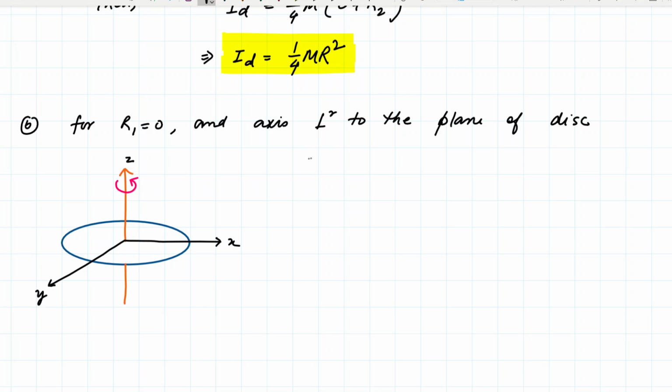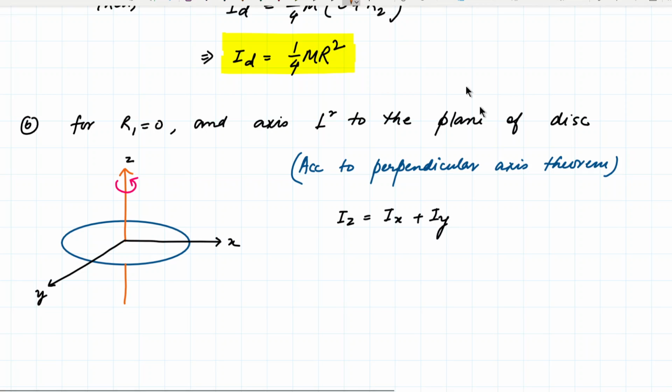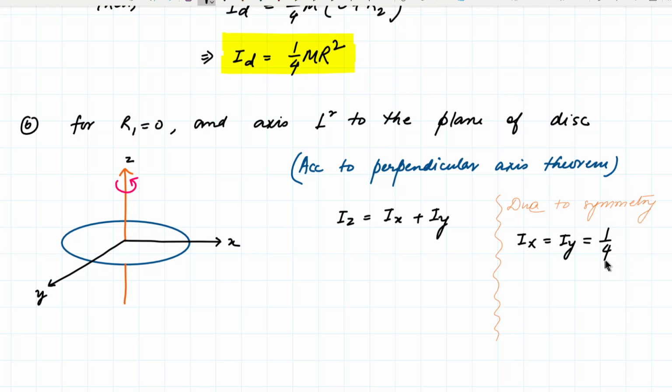According to the perpendicular axis theorem, Iz is equal to Ix plus Iy, and due to symmetry with respect to the x-axis and the y-axis, Ix is equal to Iy, which is equal to 1/4 M r square, the moment of inertia with respect to the diameter.